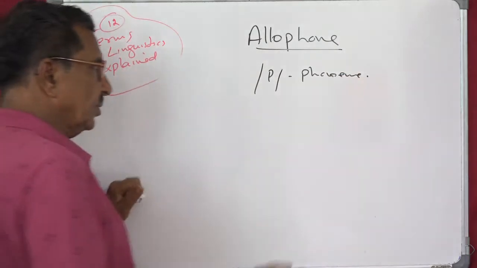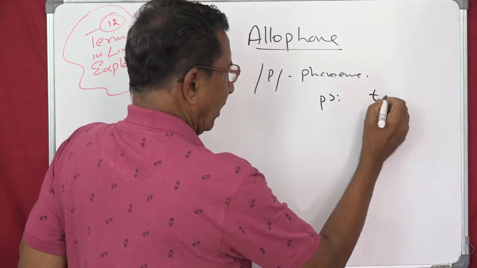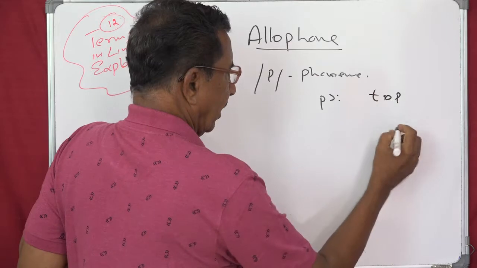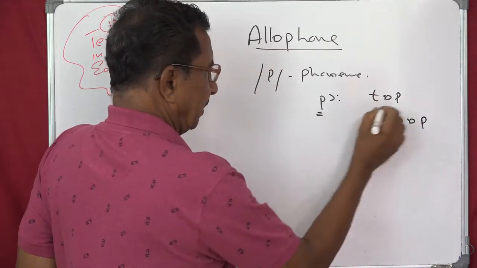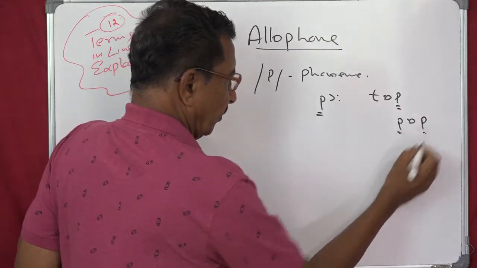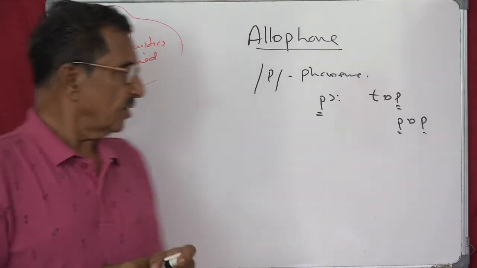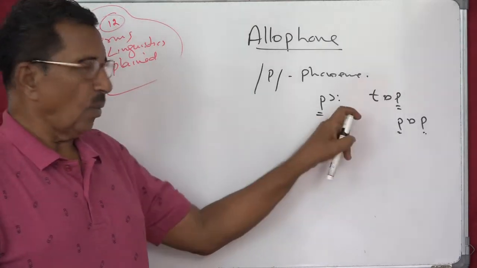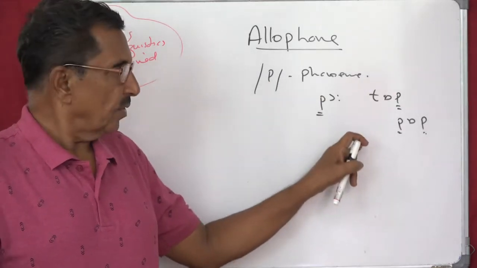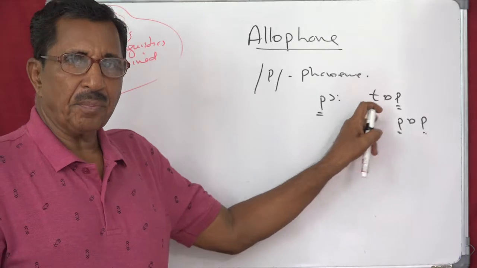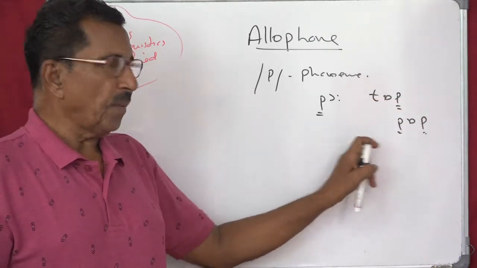But when you use "po" or "top" and "pop," see the P sounds, you will find slight variation. We don't say like this, P. This is P, but we don't say "top P," we don't say "pop P."